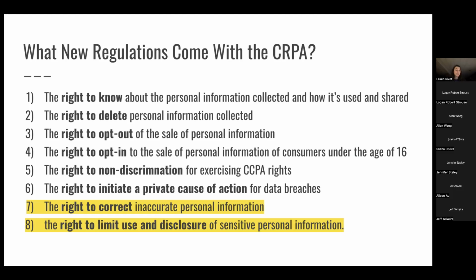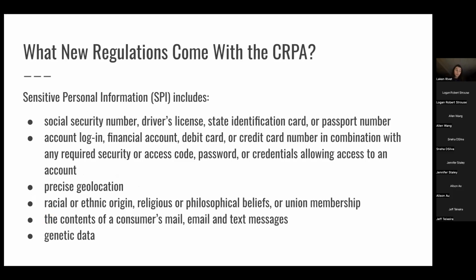So the 2 new rights that were added are going to come into effect the first day of the new year. And these will include the right to correct inaccurate personal information about yourself and the right to limit use and disclosure of sensitive personal information. Due to the usage of this new phrase, sensitive personal information, the Act also provides a definitive way to categorize this type of data.